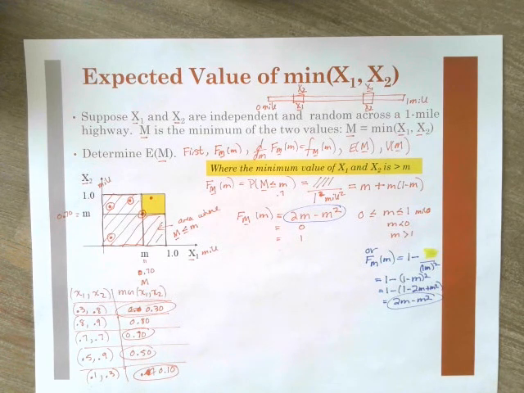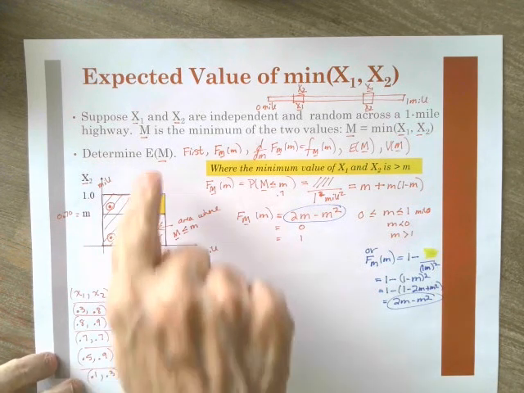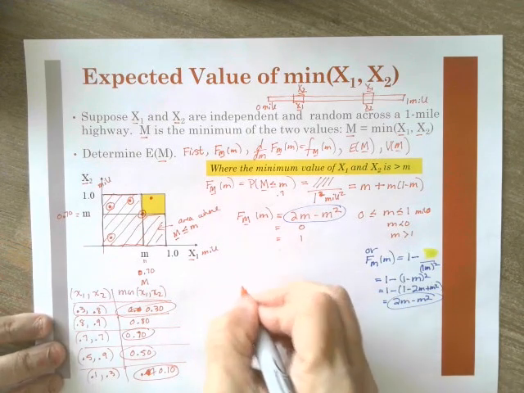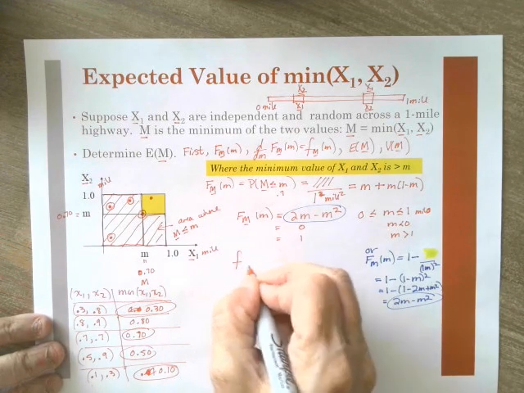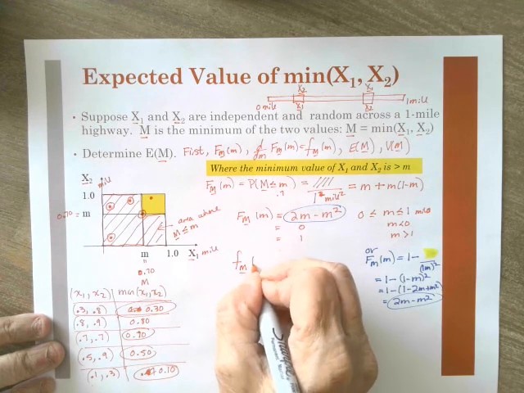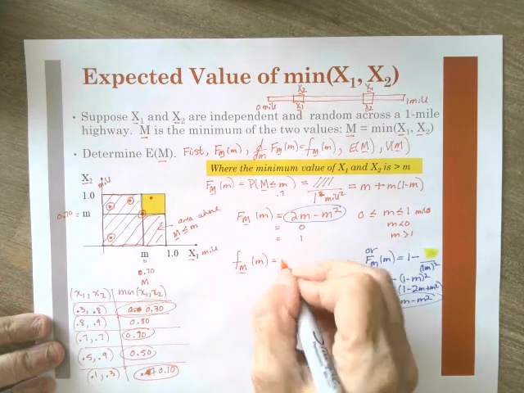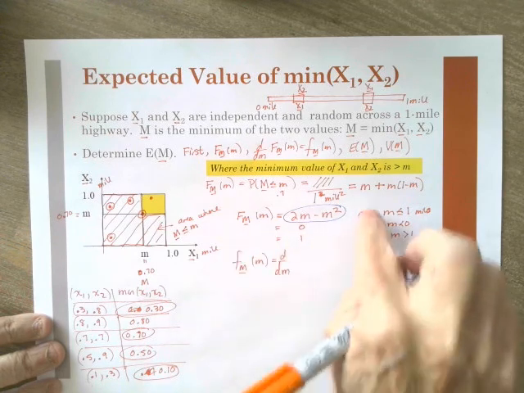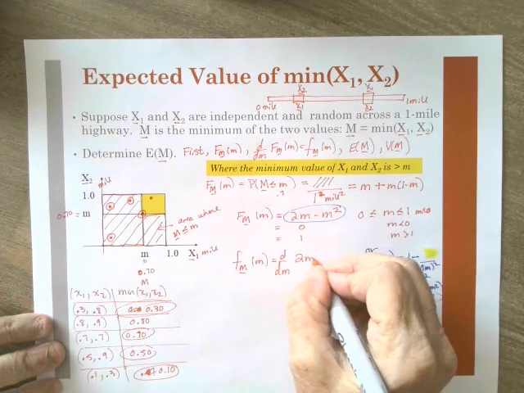Okay, what are we trying to do here? Holy cow, we've lost our balance. E[M], I want to figure out the expected minimum of those two values. So now what I need is, I'm going to get the PDF of m by taking the first derivative of my CDF in the functional region here.